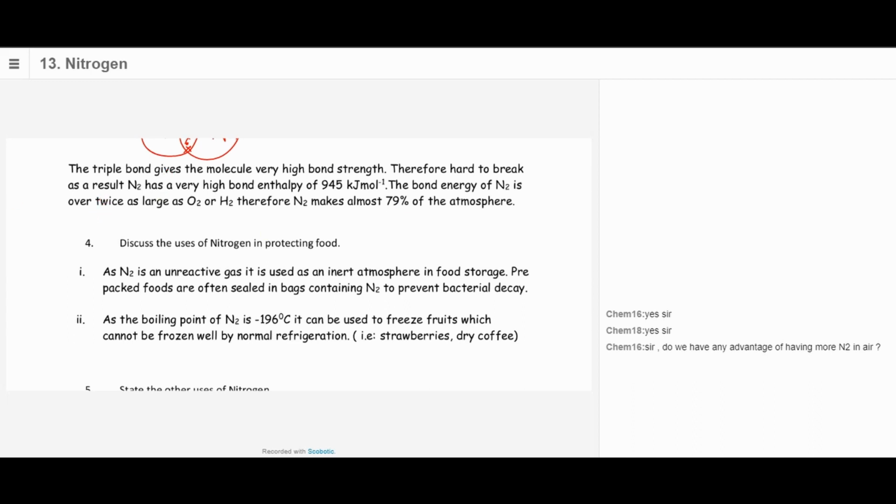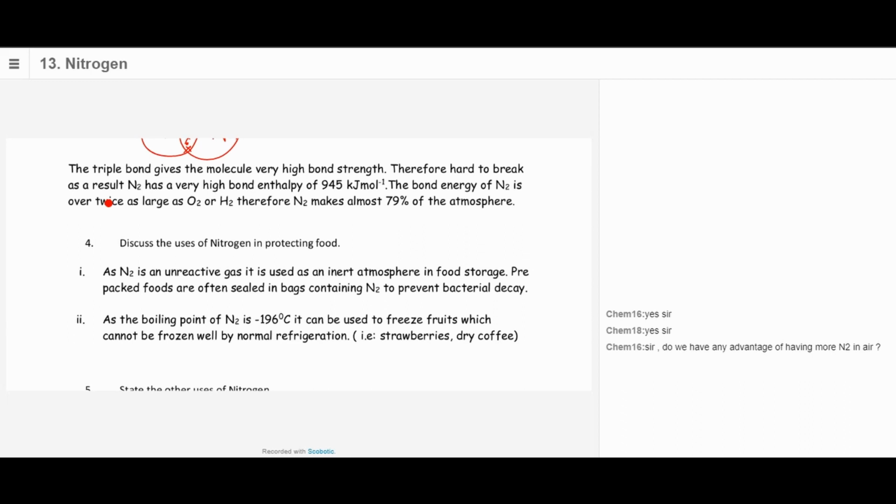Yes, there's a question: what is the advantage of having more nitrogen in air? That makes our air almost unreactive, because if not, there'd be a problem. You might wonder why nitrogen is 80% and not oxygen, because we need oxygen so much, right?